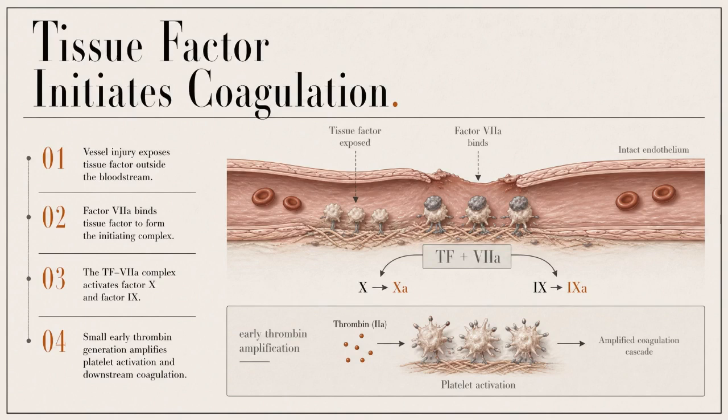This complex activates factor X and factor IX, leading to an initial burst of thrombin generation. Even small amounts of thrombin are critical because they amplify the entire clotting process. The prothrombin time, or PT, is especially sensitive to this pathway. It's how the body ensures clotting begins precisely where it's needed. Next, we'll explore how the intrinsic pathway amplifies this initial signal.